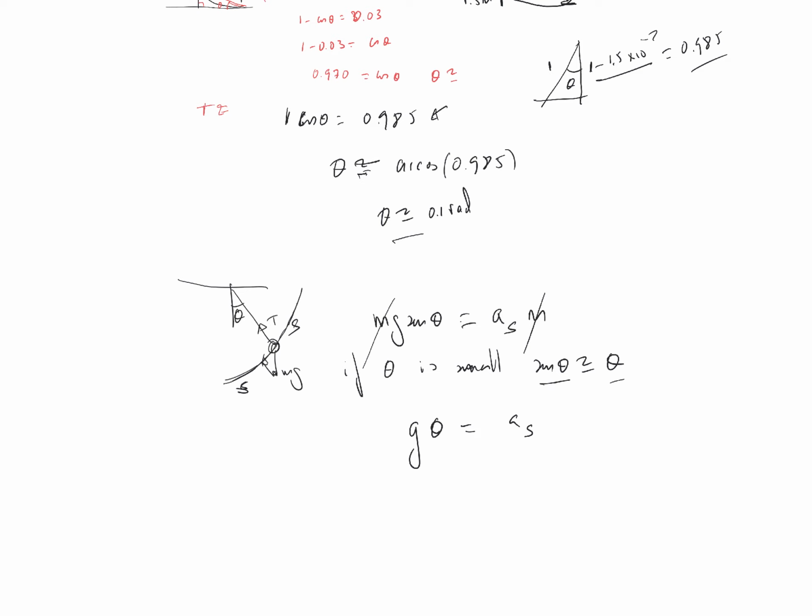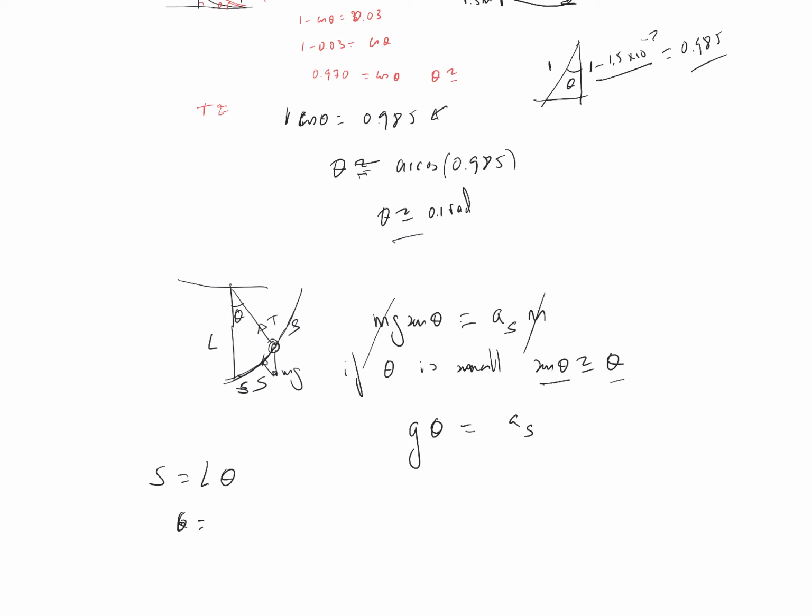And now I have to relate the theta. You remember that this is theta, and this is the arc. Let's call the arc S. S equals the radius L times theta.